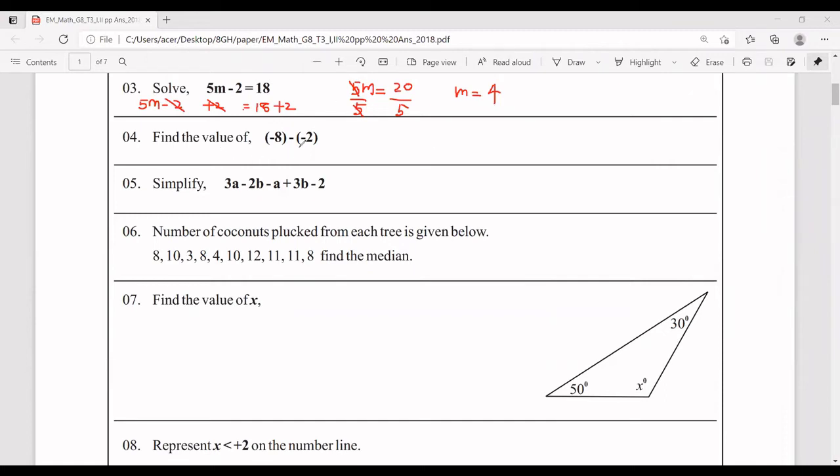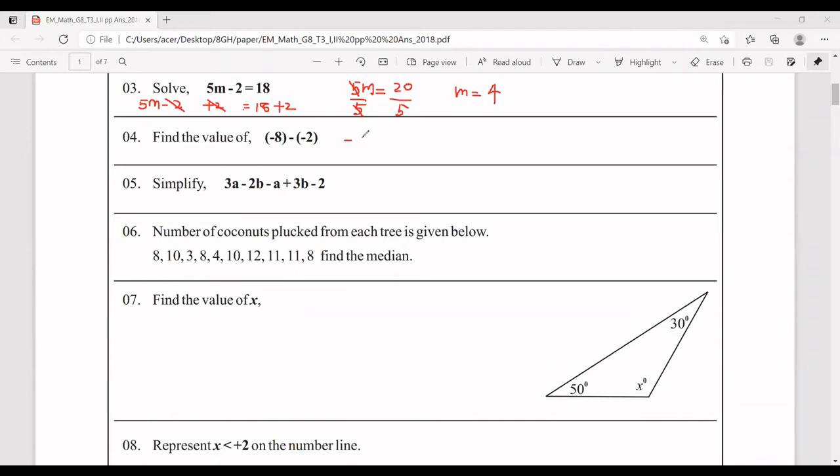Now let's move to the fourth one. Find the value of minus 8 subtraction minus 2. In this type of problem, there are two integers. From one integer, the other integer is subtracted. Then convert this subtraction into an addition.